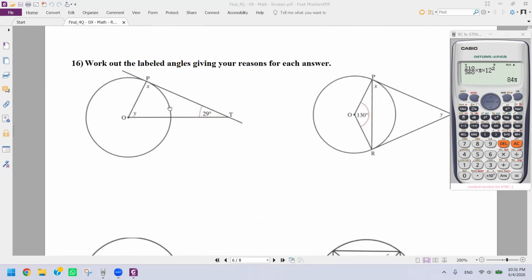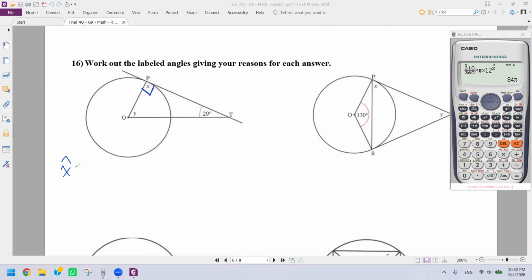Question 1, let me zoom a little bit for you. I need to find x and I need to find y. Some of the reasons I will just say them, I will not write them. I have a tangent line, it's called T, and I have a radius. What does that mean? We said tangent and radius are perpendicular.